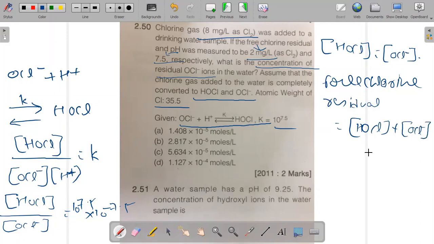And the free chlorine residual we have is 2 milligram per liter, 2 into 10 to power minus 3, and here 2 into 35.5. HOCl and OCl minus are both equal, so write it as 2 OCl minus, and by solving this we'll get a value. Let's solve this like 1 divided by 35.5.